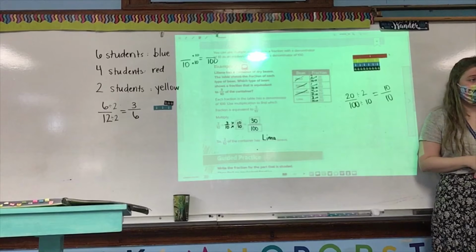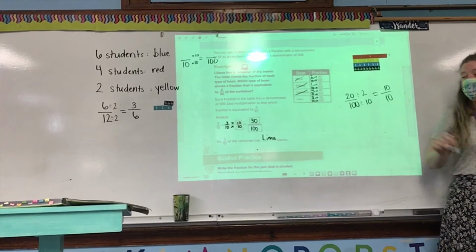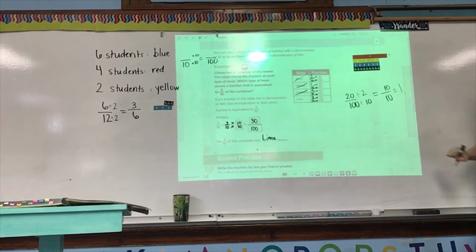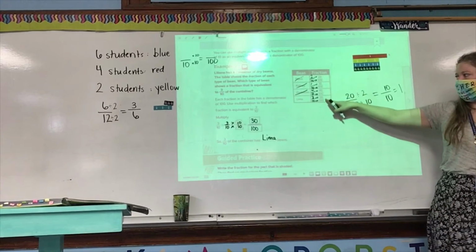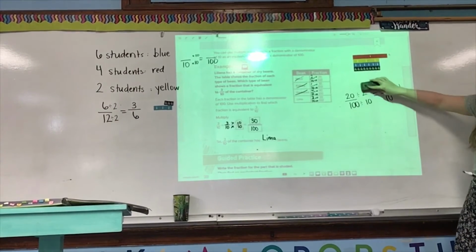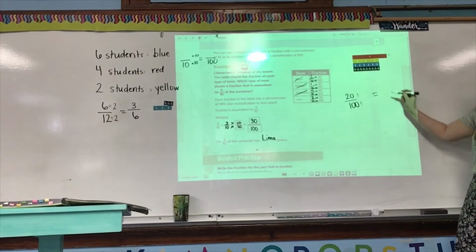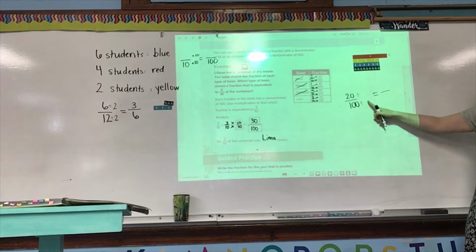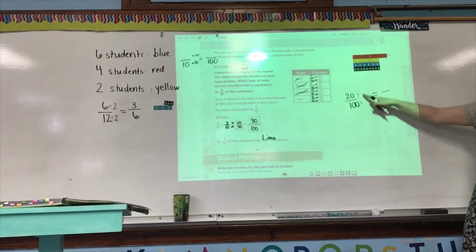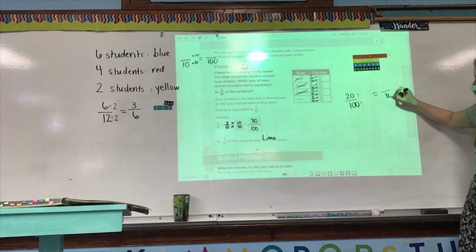We did a whole lesson on this. 10/10 is equal to 1 whole. Is 1 whole equal to any of these? No. So just like how we have to multiply the numerator and denominator by the same number, we also have to divide the numerator and the denominator by the same number.